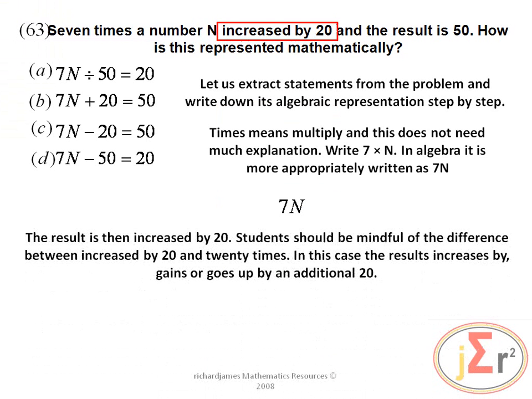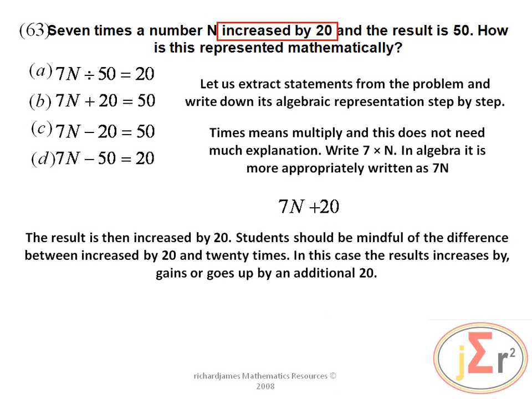Increased by 20, that's what that statement is saying. The result is then increased by 20. Students should be mindful of the difference between increased by 20 and 20 times. In this case, the result increases by, gains or goes up by an additional 20.